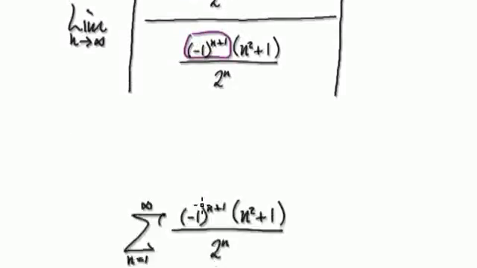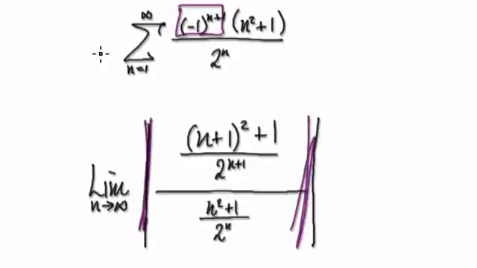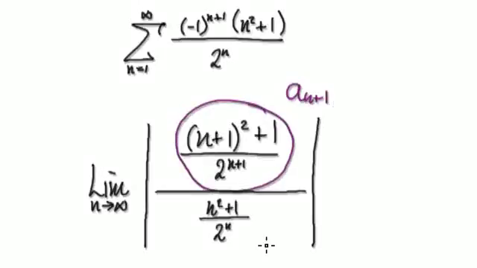But when you do it on your own, immediately discard this, because it's just going to make it positive 1 or negative 1. So just concentrate on obtaining your a_{n+1}, and then obtain your a_n here.